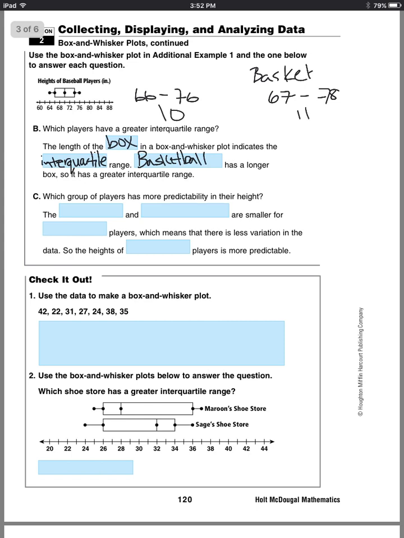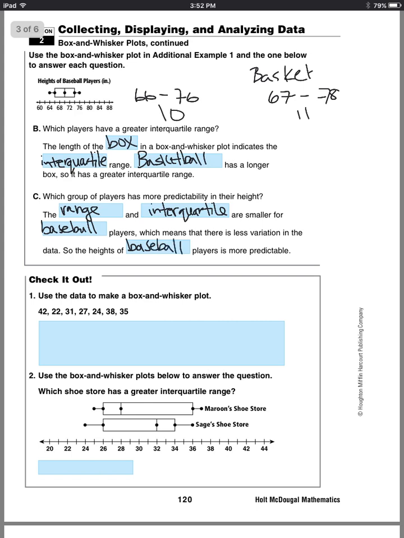So, which group of players has more predictability in their height? The range and interquartile range are smaller for the baseball players, which means that there is less variation in the data, so the heights of the baseball players are more predictable.